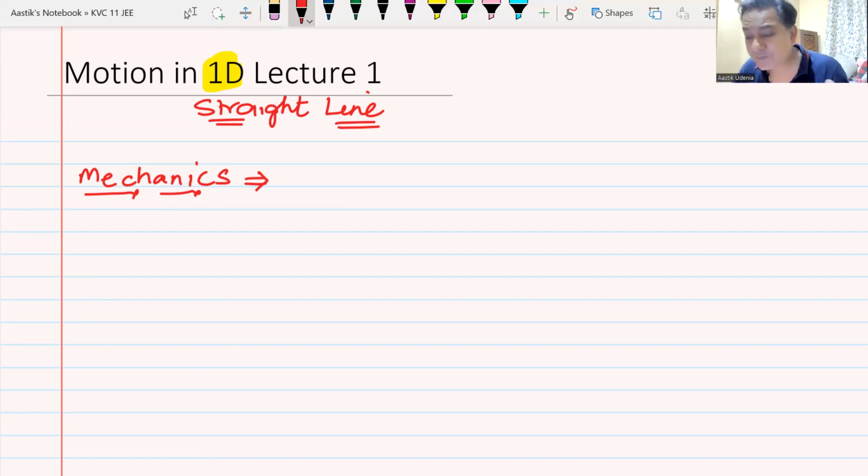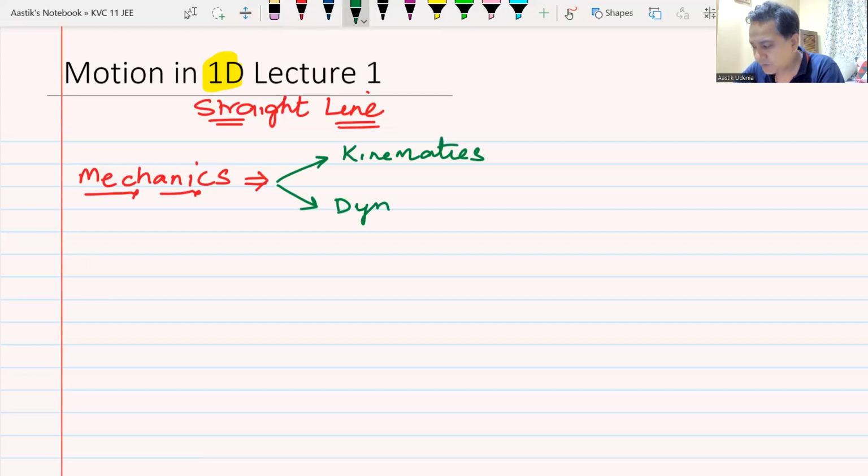Now there are different ways in which you can classify or bifurcate mechanics. The most popular one is known as kinematics, and the other one is known as dynamics. Some people also bifurcate it as statics and dynamics, but let us not get more into bifurcation.